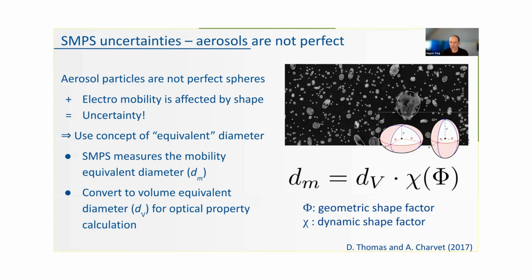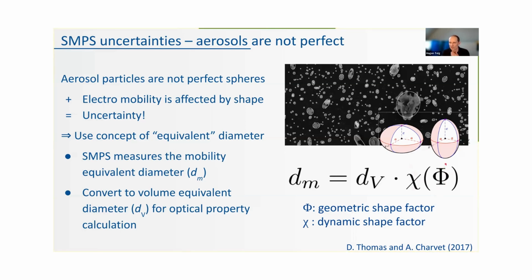And luckily, there's a relationship between these two, which is shown here on the right, where you can describe the mobility diameter as a function of the volume diameter if you consider the shape of the particle, which is here the dynamic shape factor. It's given by Xi, and then which you can then express as the geometric shape factor, which we will need for the optical property calculations, which is given by phi.